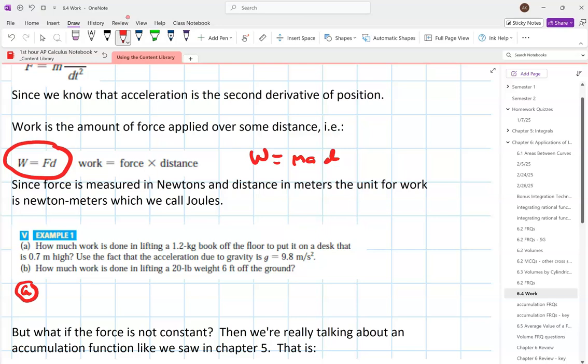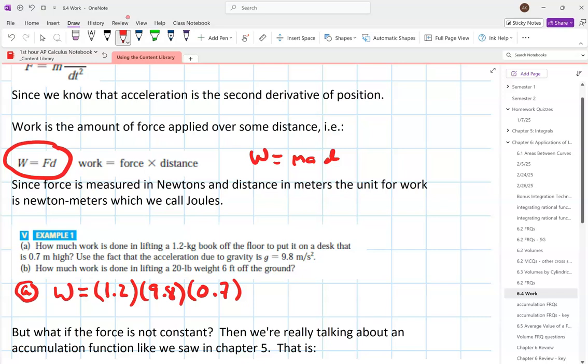Like, how much work is done by lifting a 1.2 kilogram book off the floor to put it on a desk that is 0.7 meters high? The mass is 1.2, the acceleration is the 9.8 from gravity, and the distance is 0.7. There's not really much to do there. You're just plugging some numbers into a formula.